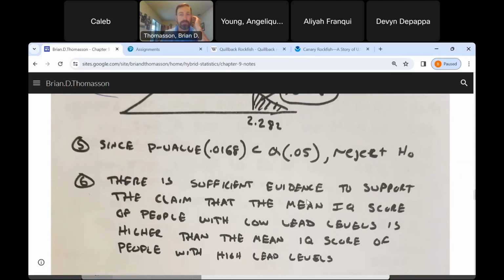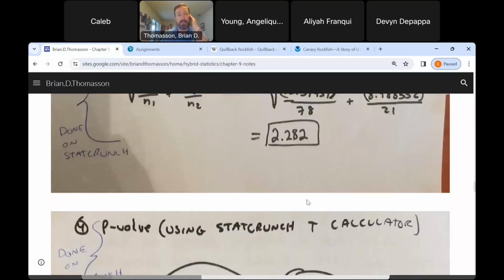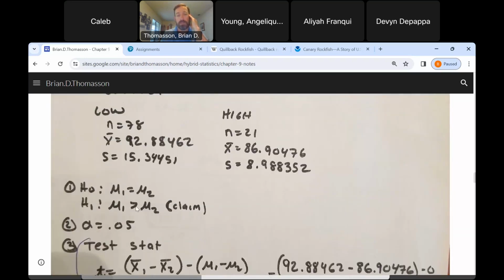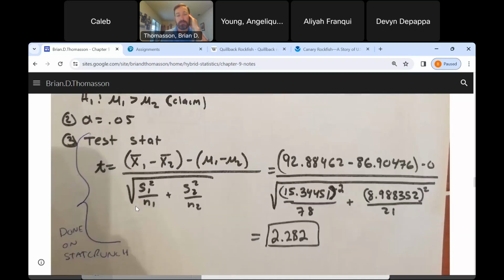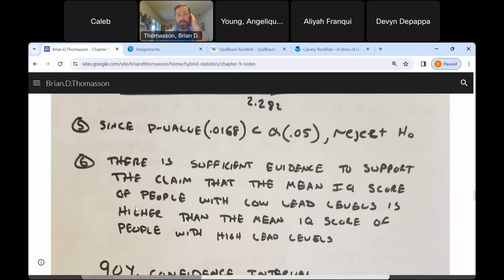For our final conclusion, we want to go back to our table to figure out which case we have, whether we reject or fail to reject H0 and what our claim is. So in this case, we rejected H0 and our claim was strictly greater than. So there's sufficient evidence to support the claim that the mean IQ score of people with low lead levels is higher than the mean IQ score of people with high lead levels.